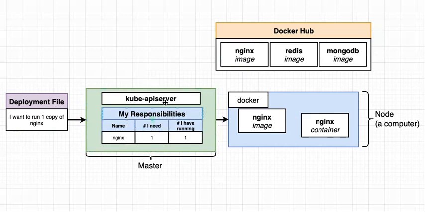And basically what this Kubernetes API server is going to do is it's going to interact with the scheduler, and that scheduler is going to schedule the pod onto a worker node, where it will be interacting with the Docker server and going to place your Nginx pod over there from the Nginx image. Now it will download the Nginx image from the Docker hub.